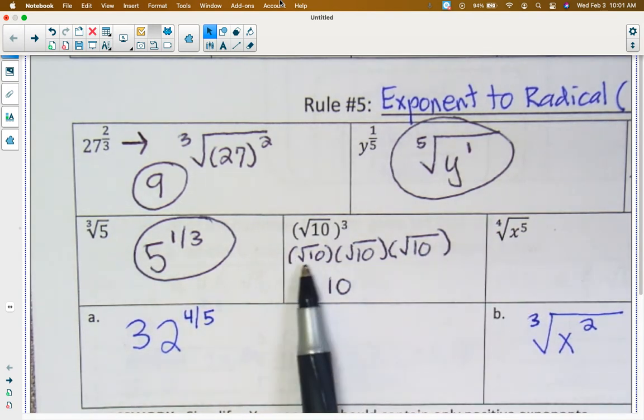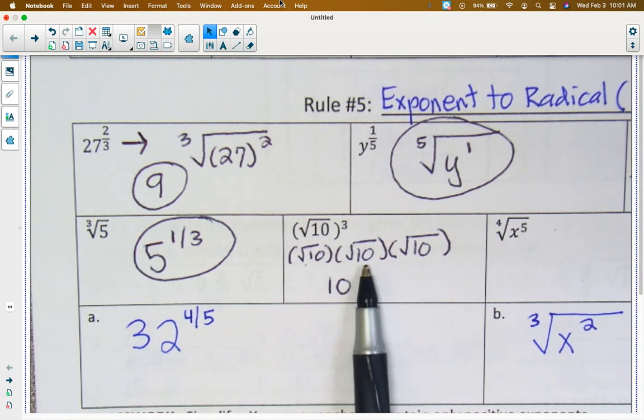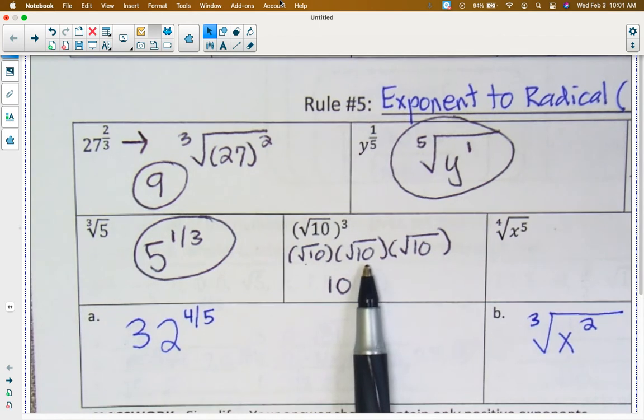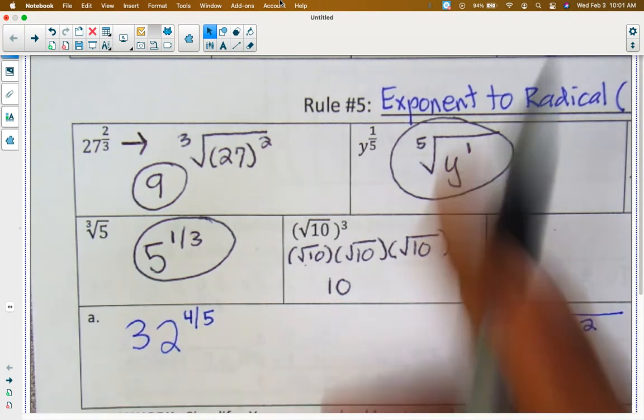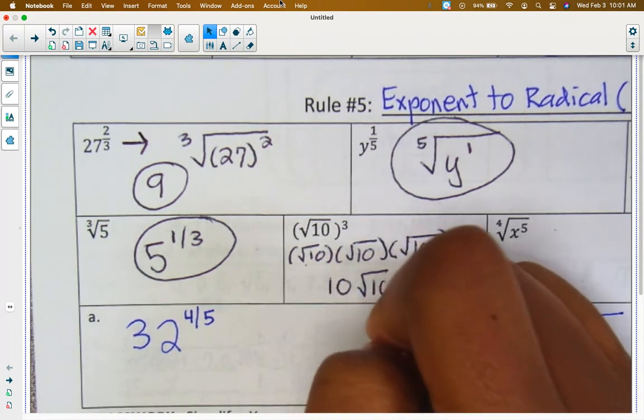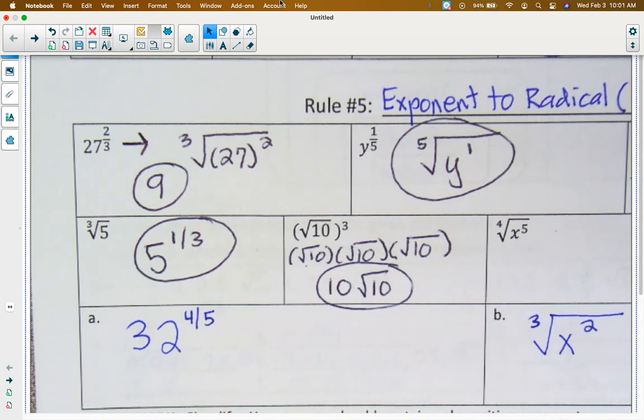The square root of 10 times the square root of 10 is the square root of 100. The square root of 100 is the number 10. And I have the square root of 10 that I need to bring down, and I can't do anything else with it. So my answer is 10 times the square root of 10.